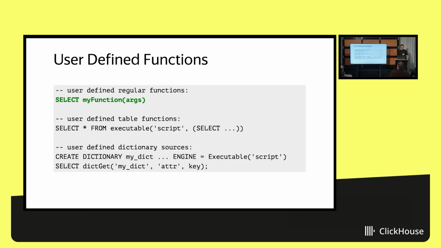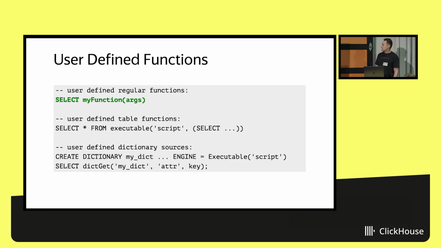We can use user-defined functions in ClickHouse. And there are different kinds of user-defined functions. There are regular functions. There are user-defined table functions. You can use it like this: select from executable, specify a script name that should be located in a specific directory, specify a subquery that will get some data and pipe it into the standard input of the script, and this script will return data back to the standard output.